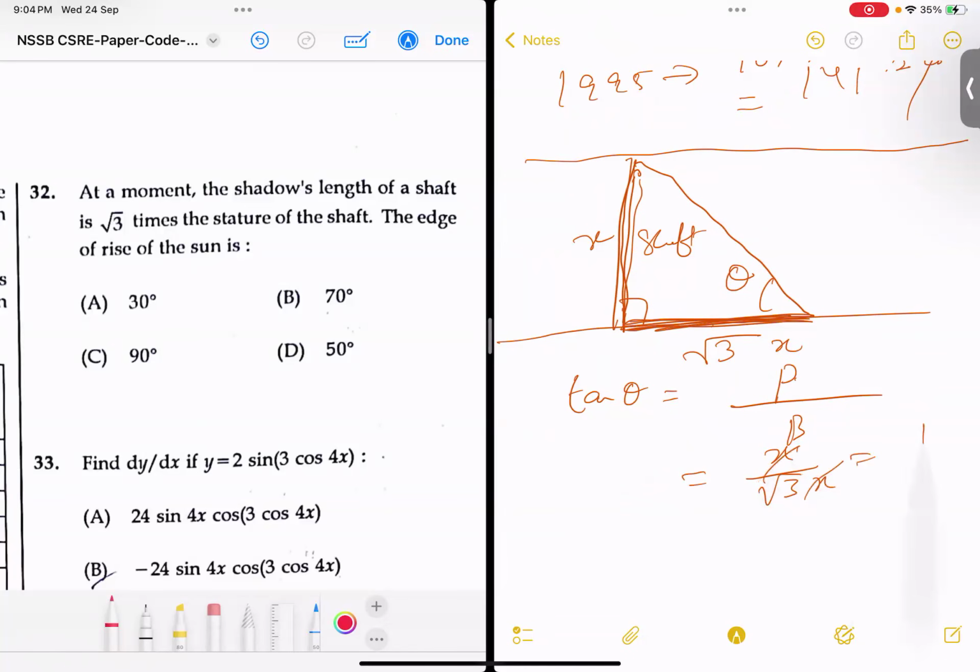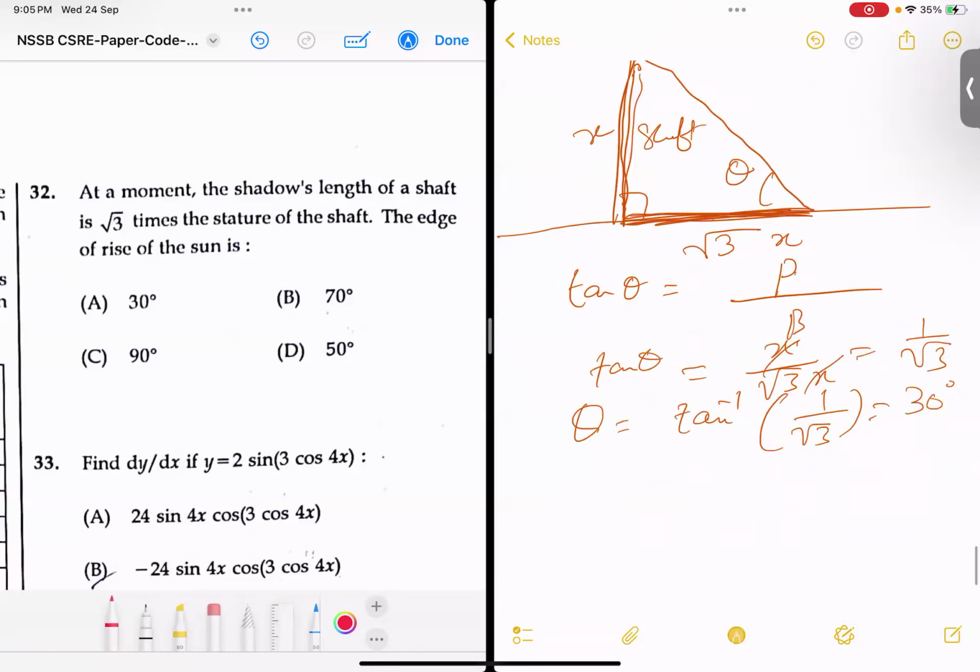So if you cancel, it will be 1 by √3. So theta is equal to tan inverse 1 by √3, which is nothing but 30 degree, okay? Because the value of tan 30 degree is 1 by √3. So the correct option is 30 degree, which is option number A.